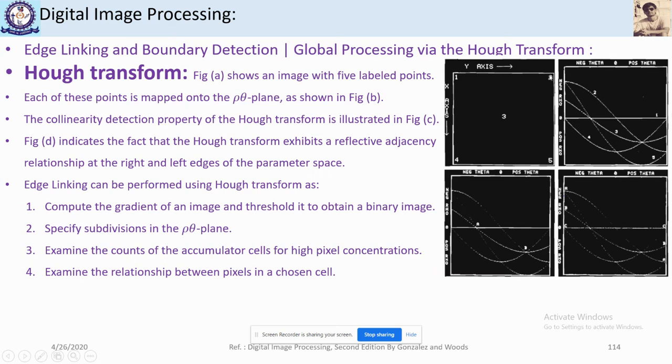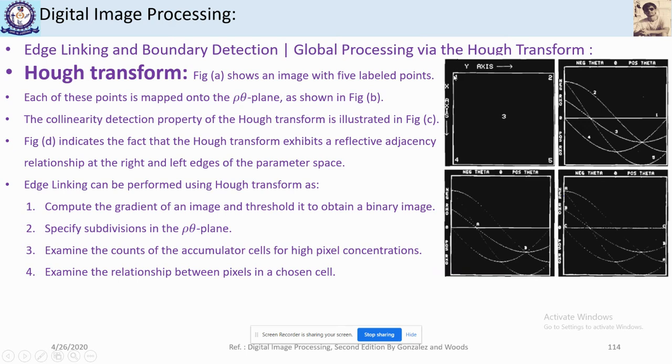Then second, we can have theta from minus 90 degree to plus 90 degree, and in this case the value of rho will range from some negative value. So it will be some negative value in the case when it intersects. Suppose a line is going in this direction.